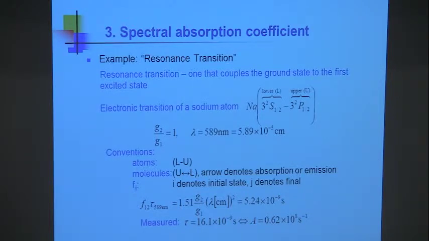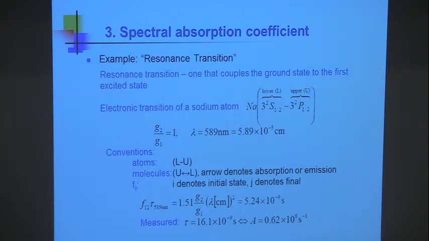The molecule people often also write an arrow to tell you whether you're talking about absorption or emission. Now we can take this expression from the previous slide and find this number, f tau. If the measured time is 16 nanoseconds, that means A is 0.6 times 10 to the 8th.